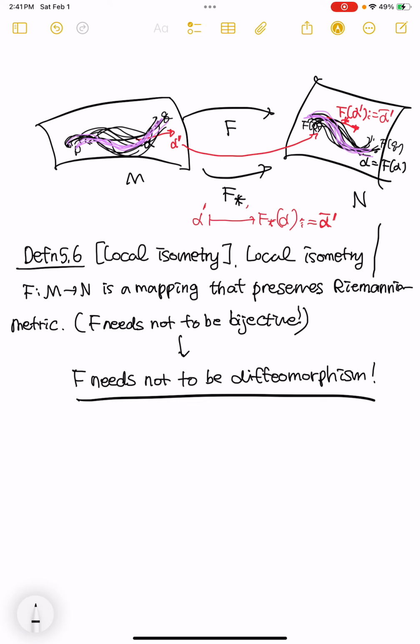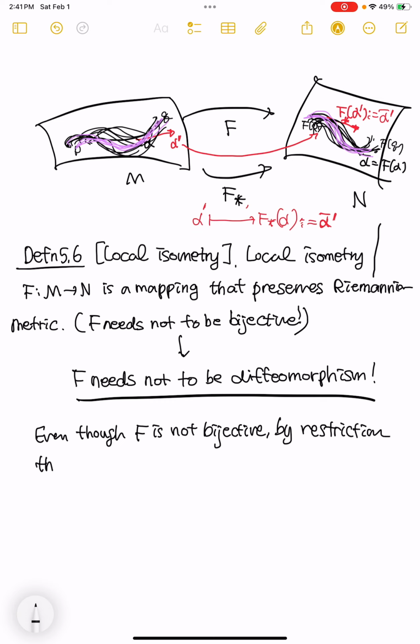But note that even though the map F is not bijective, by restricting the domain, we can make F restricted to the domain U a diffeomorphism.